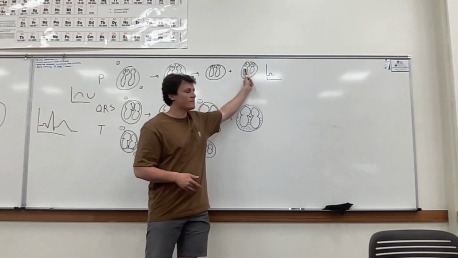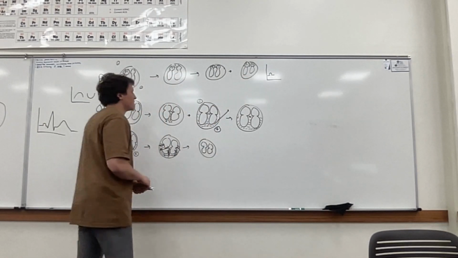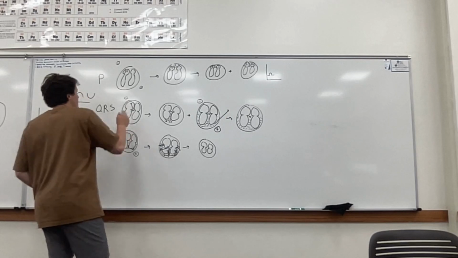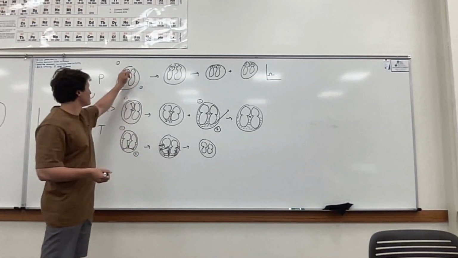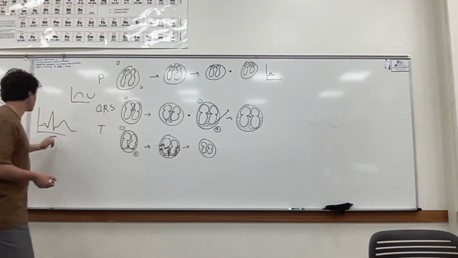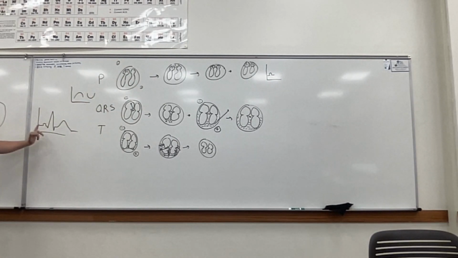It's really confined to these two atriums. It doesn't go down into the ventricles. So, what did we just talk about? We have a negative vector going towards a positive electrode. That is going to produce a little hump, like this one right here.